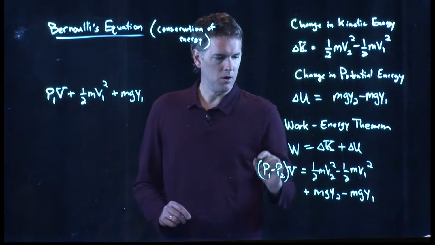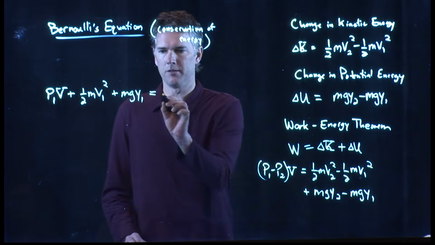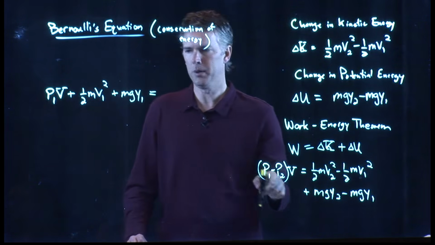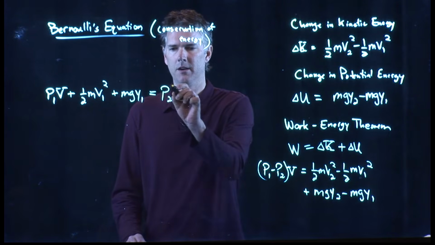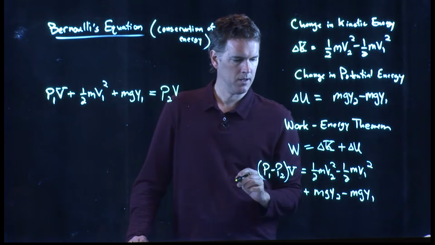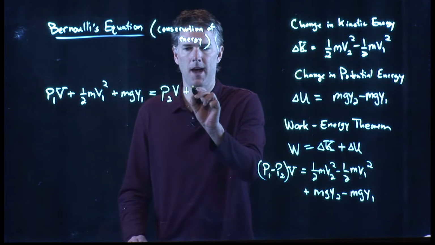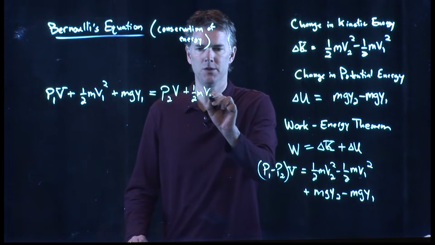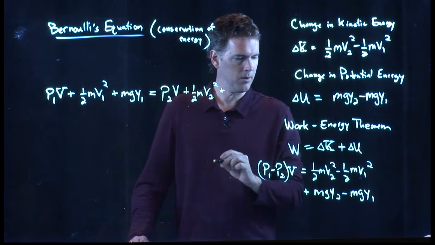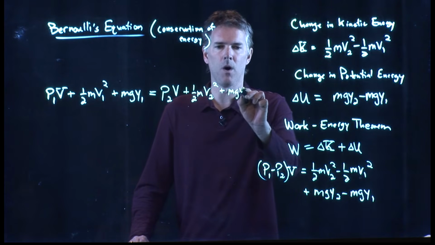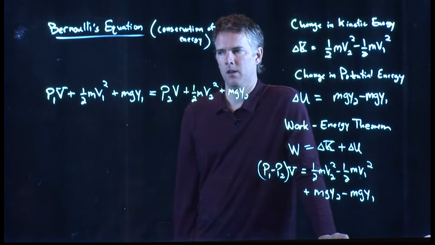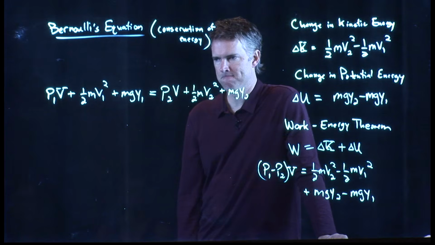And now all the stuff on the right I want to leave as number 2. So let's move P2 over to the right side. And we have a 1/2 m v2 squared, and we have an mgy2. All right, that looks pretty good.